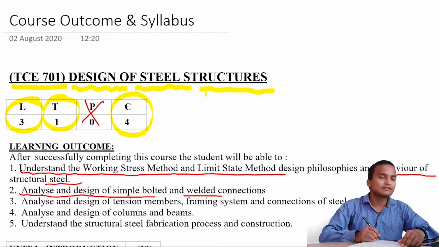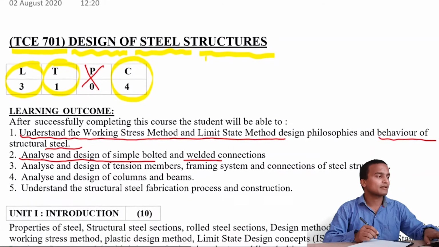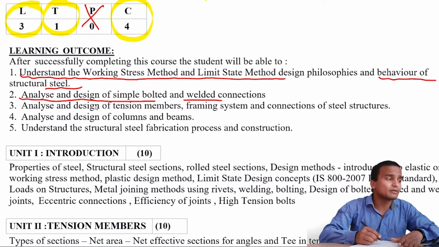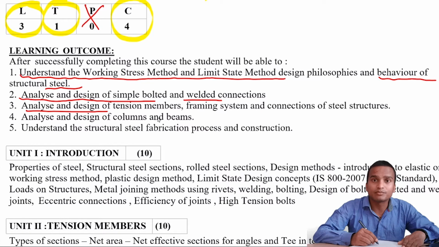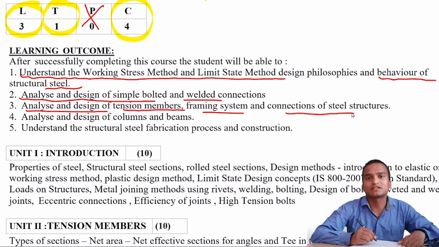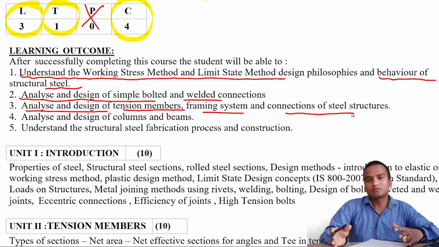And then the third learning outcome will be to analyze and design tension members. These tension members are subjected to tensile forces in framing systems and connections of steel structures. So when we talk of tension members, there must be some compression members.